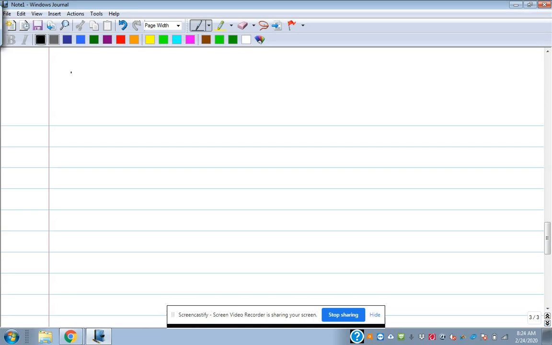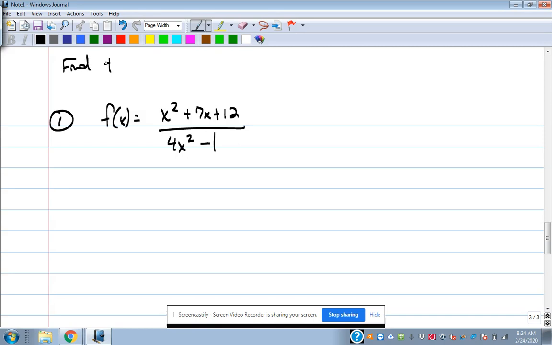Okay, so first example, f of x is equal to x squared plus 7x plus 12 over 4x squared minus 1. So we're going to find the domain and any asymptotes.